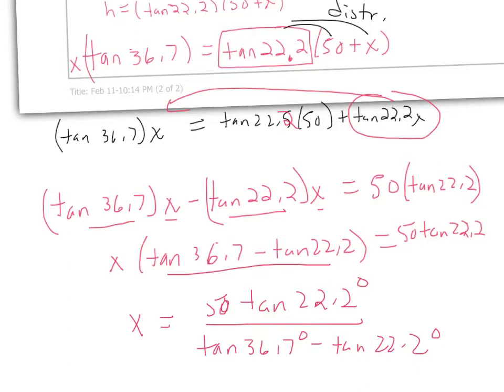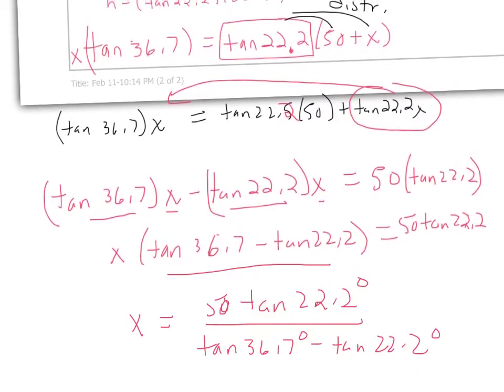It's going to be so important for us to keep writing degrees because in our near future that's going to change. Now right at the end, you would type all of this out in the calculator. Actually, hold the typing. Like I said, hold the typing until the end. Don't type that out yet.